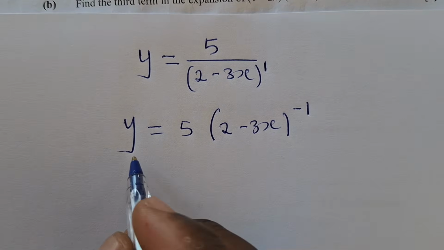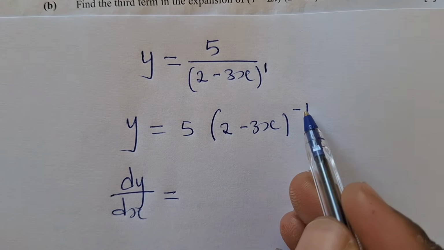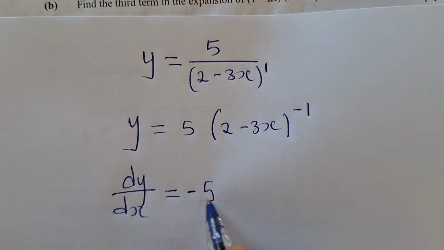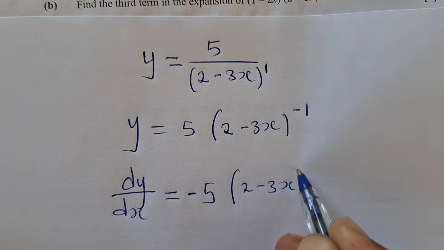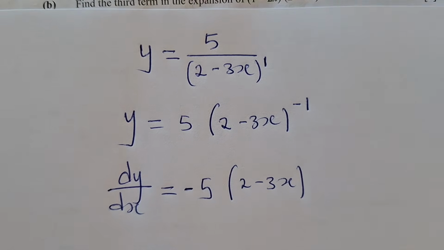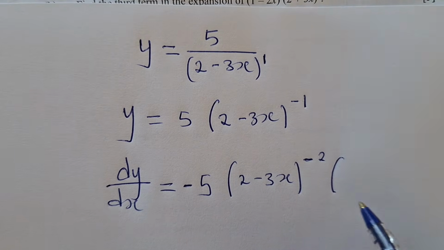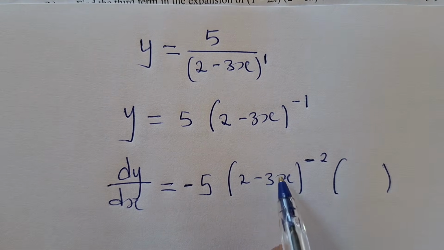So we shall say dy/dx will be equal to multiply negative 1 by 5, it will be negative 5. Then copy what is inside the brackets, subtract 1 from the power, so it will be negative 1 minus 1, which will give us negative 2. And then in the next set of brackets, find the derivative of what is inside here.